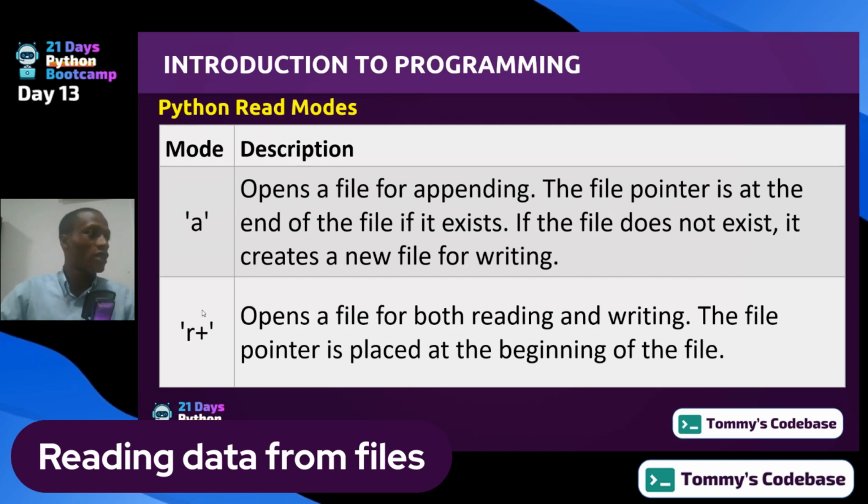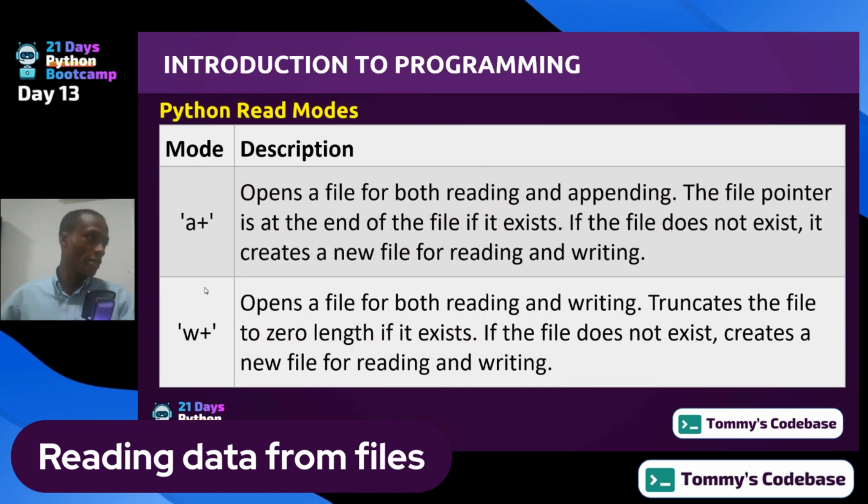And it also turns out that we can add what we can call modifiers, this plus symbol here, to the modes so that they will do something different. In the case where I want to both read and write, I can say R plus, and this will be like the read mode, but it will add an extra functionality for me to be able to write also to the file.